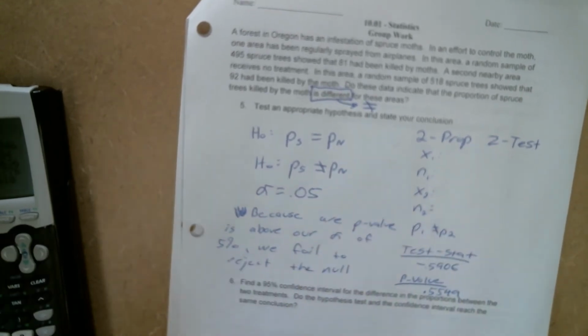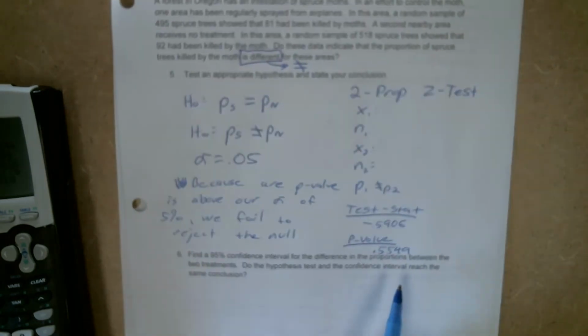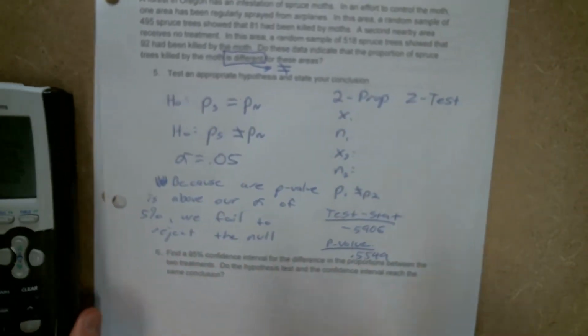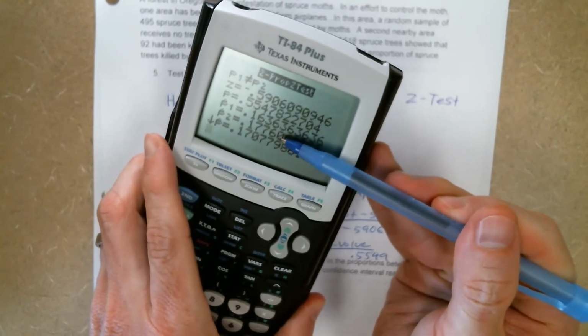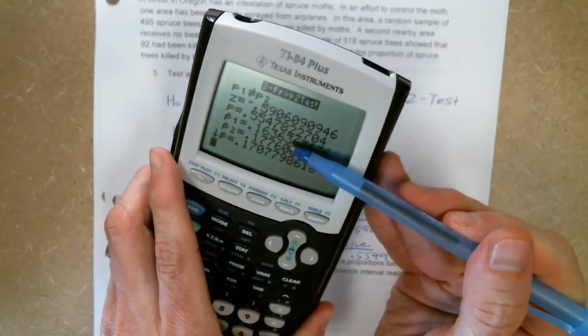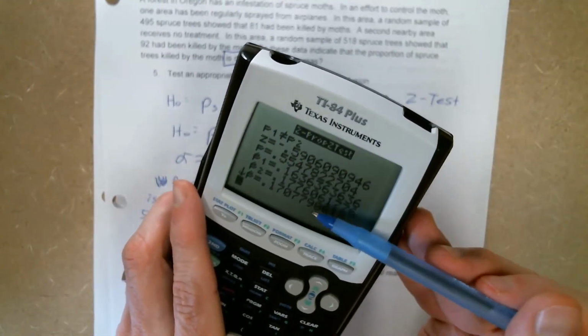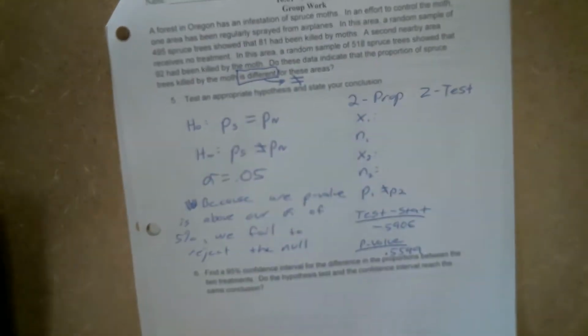All right, there's not enough evidence to say that the spraying actually did anything, because we had a very high likelihood of seeing this gap that we saw just because of sampling variation. All right, this gap isn't so large that we have to believe the spraying did something. It's close enough that it could have just been the way it broke out this time.